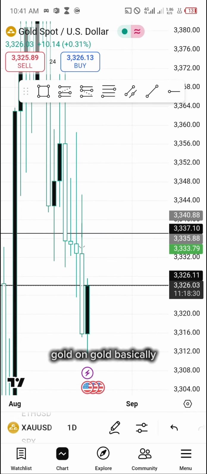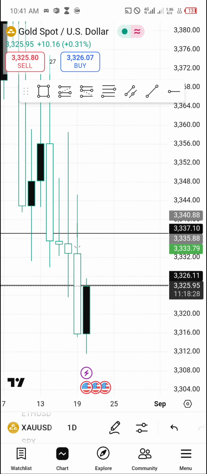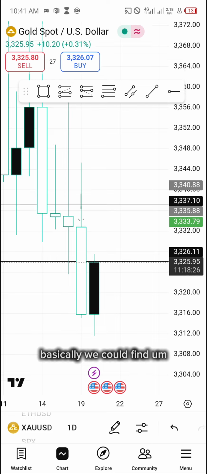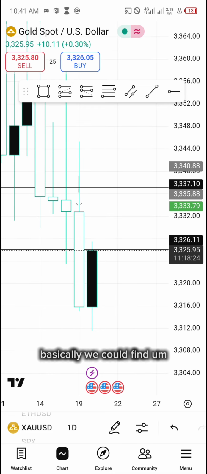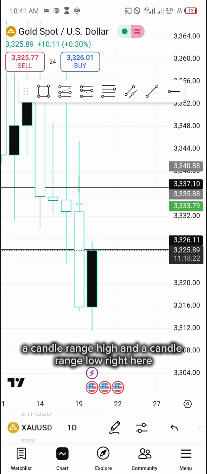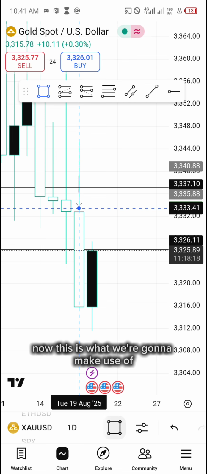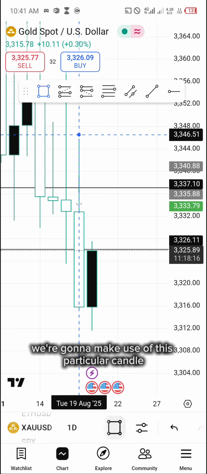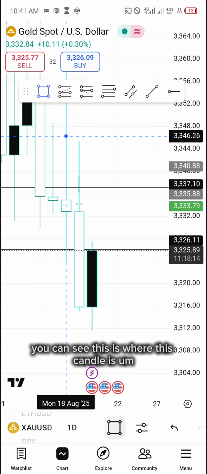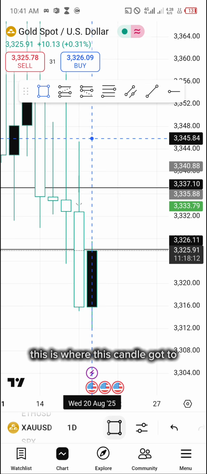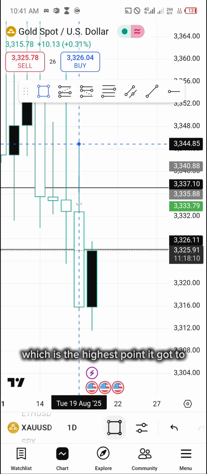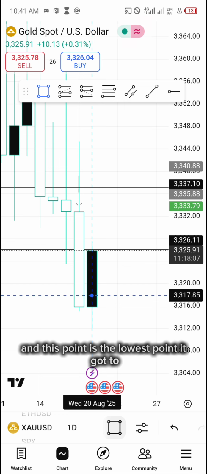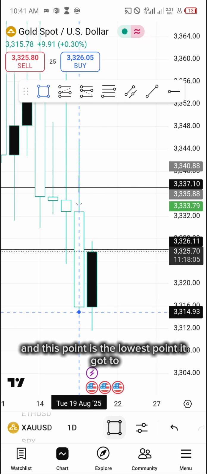Gold on gold. Basically, we could find a candle range high and a candle range low right here. Now this is what we're going to make use of. We're going to make use of this particular candle. You can see this is where this candle got to, which is the highest point it got to, and this point is the lowest point it got to, which is where we are going to mark.